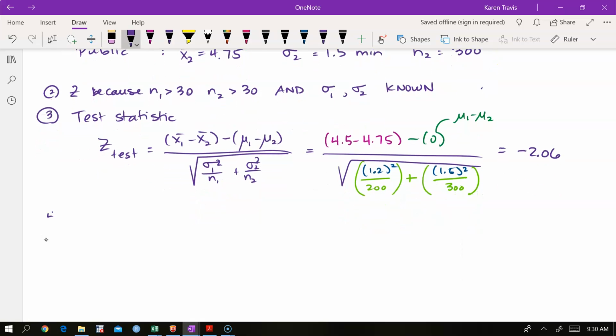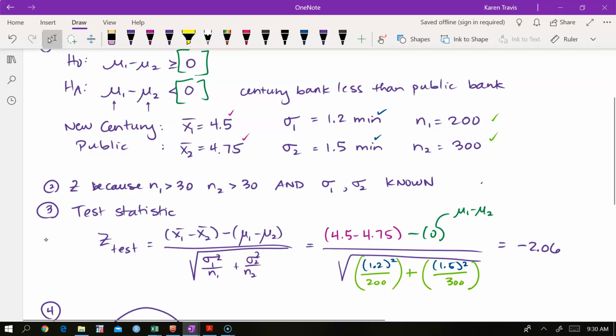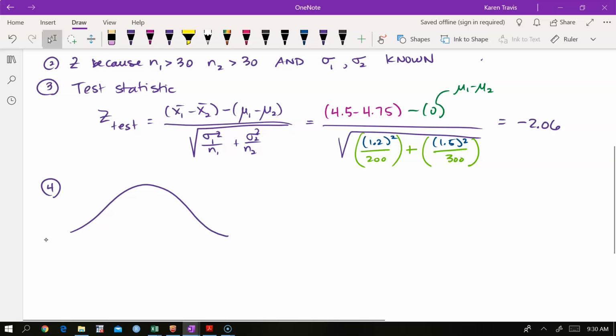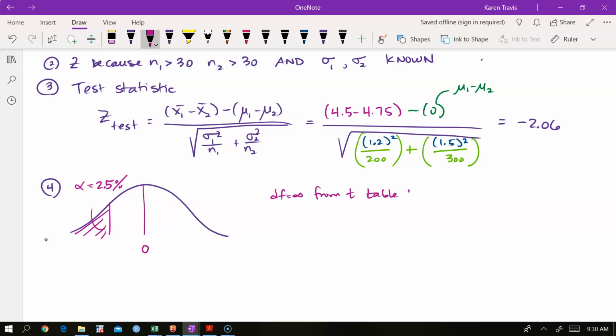So the next step is our formation of our rejection region. Because we have a less than in the alternative hypothesis here, we're going to use a less than over here. So alpha equals 2.5%. So I go to my z-table, or as a trick that we learned in last class, we can look at degrees of freedom equals infinity from the t-table to find the z-value.